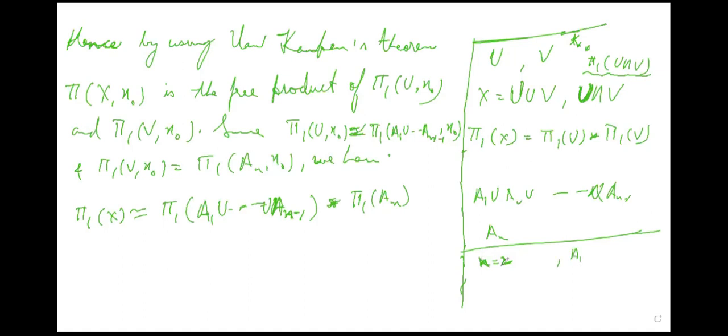That is, if X is equal to A1 union A2, then the result is true. Already we have seen. Now suppose that the result is true for k equal to n minus 1. Okay. Then what we have? We have this fundamental group of this is the fundamental group of this, free product with the fundamental group of this, right? So you can use the induction hypothesis.